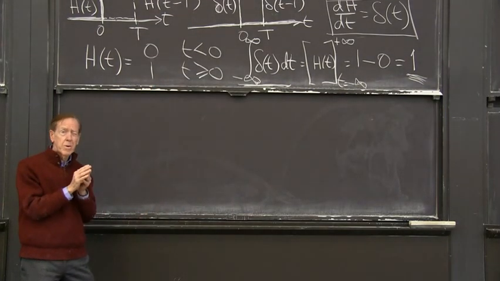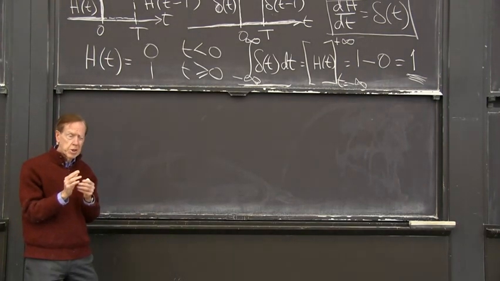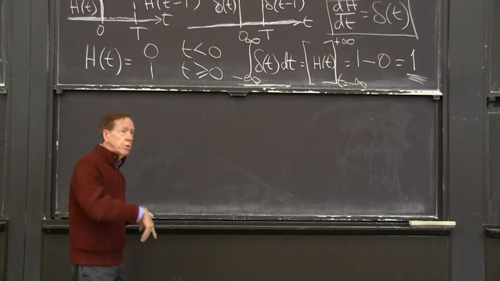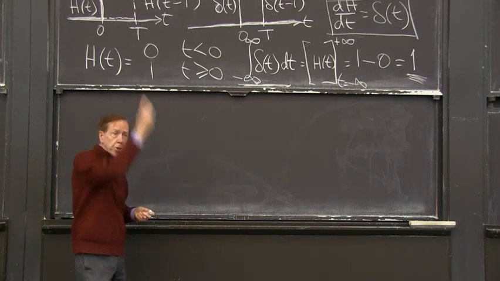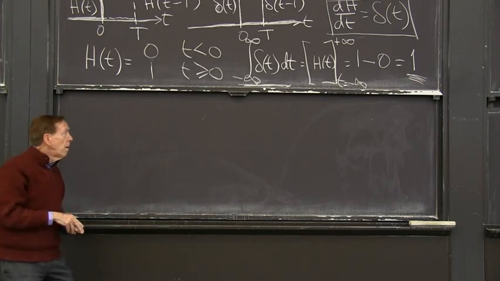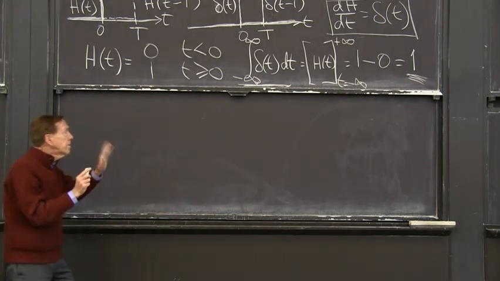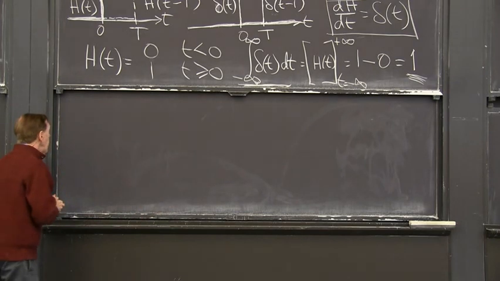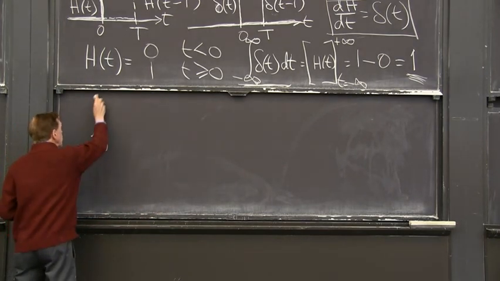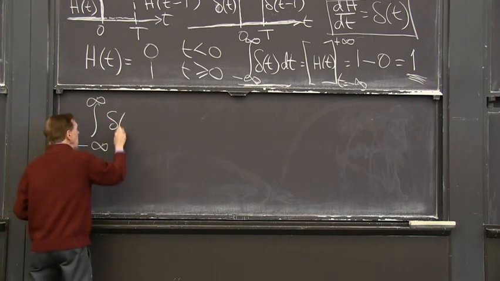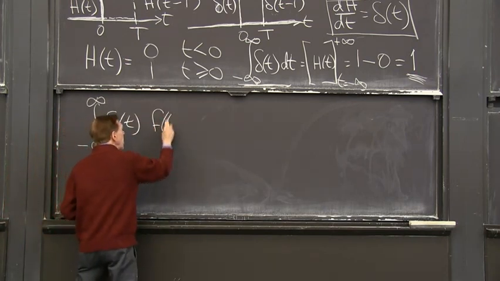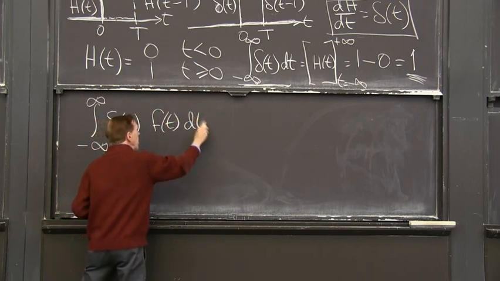We don't like to take their derivative. The derivative of a delta function is a truly crazy function. It shoots up to infinity, and then it shoots down to minus infinity, the slope of that arrow. But it's integrals that we want. So now let me integrate from minus infinity to infinity my delta function times any other function, say f of t dt.